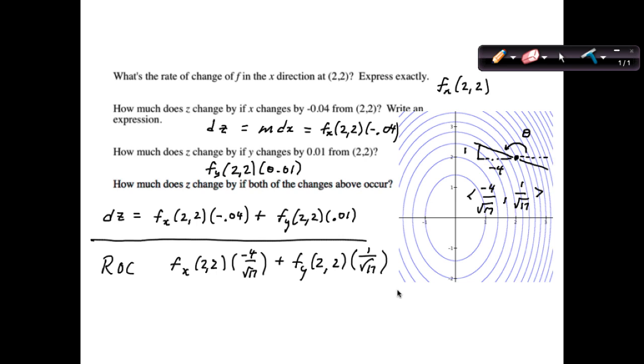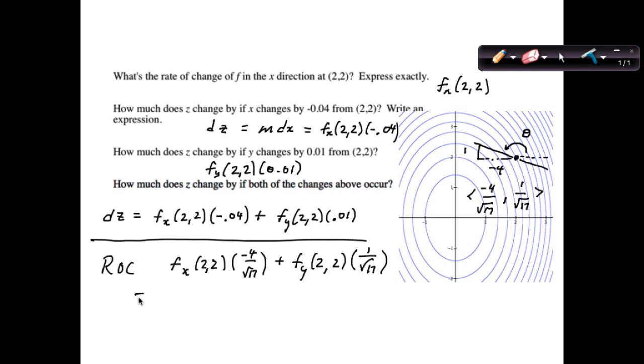Because instead of using the negative 0.04 and 0.01, I use the x and y components of the unit vector. So now dz and the rate of change are the same for that. This is if I go length of 1, then now this is the rate of change.